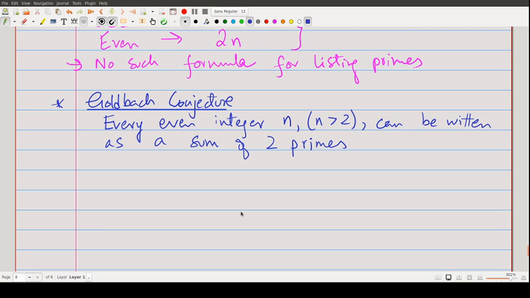So if n is equal to 10, you can write this as 3 plus 7, the sum of 2 prime numbers.